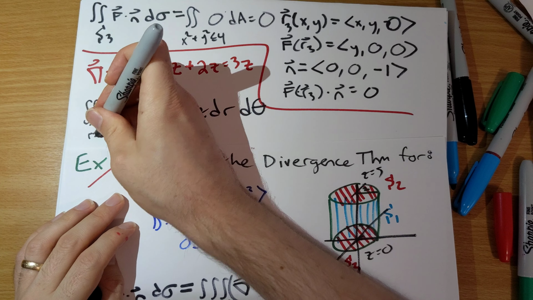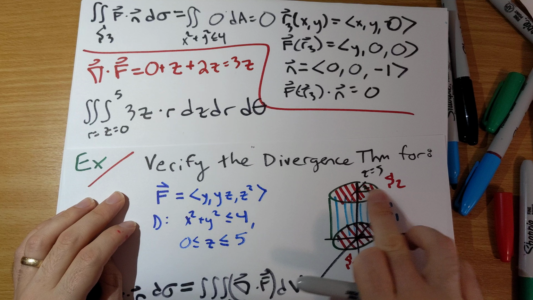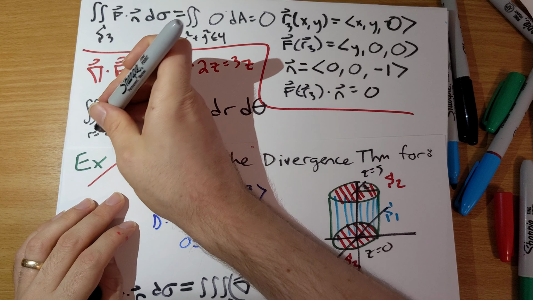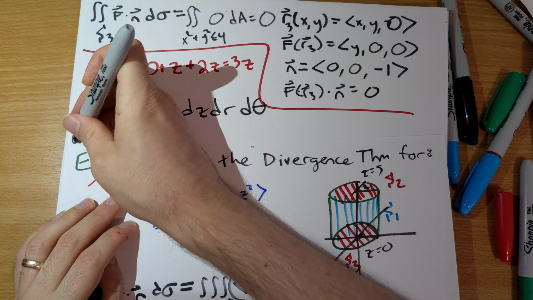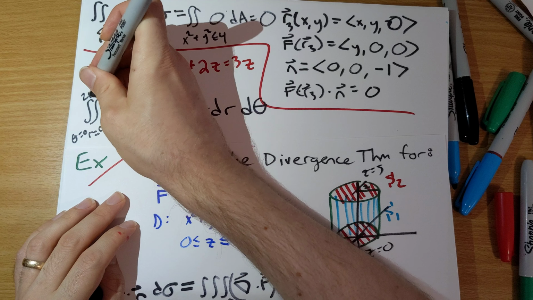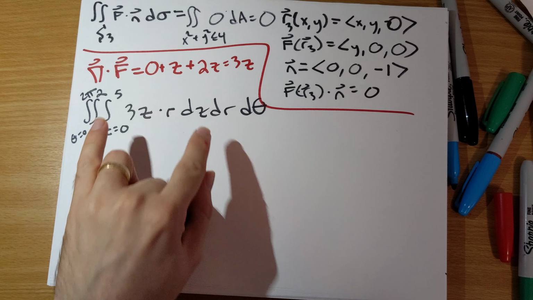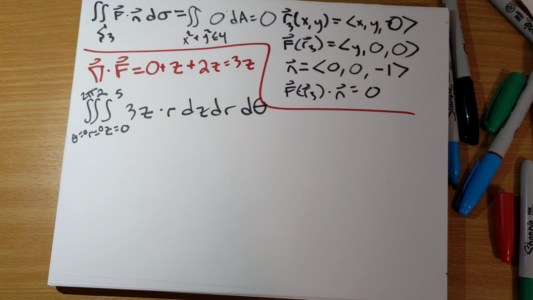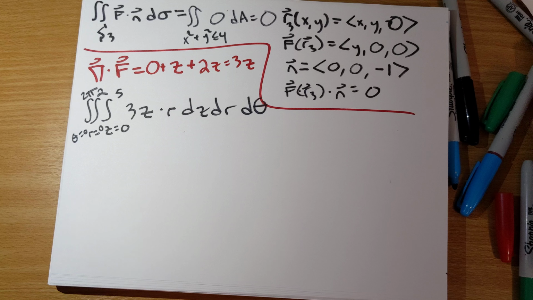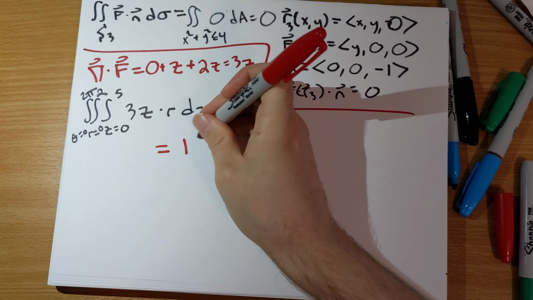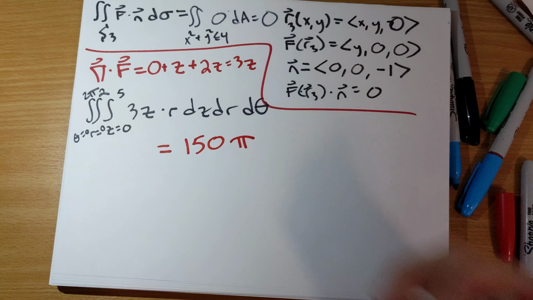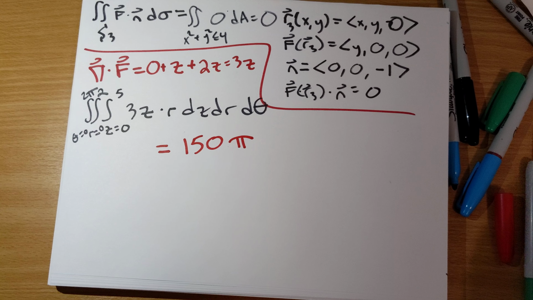And here r is going to be, so the maximum radius here is 2. r runs from 0 to 2. Theta runs from 0 to 2 pi. So this is the integral that we need to evaluate here for the right side of the divergence theorem. I'll spare you the details so you can check it yourself. But again, you get 150 pi.